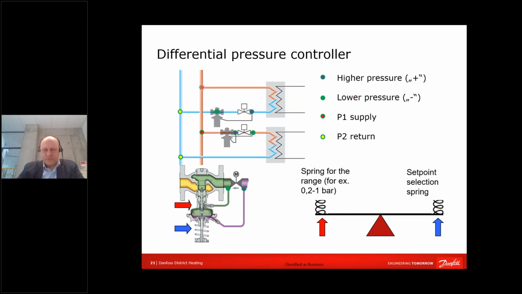Pressure points which might be understood. Here we have pressure in the supply. After the heat exchanger, we will have some lower pressure because of the resistance of the heat exchanger. We will have some intermediate pressure, and here we have return pressure.